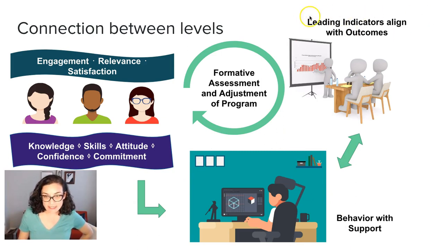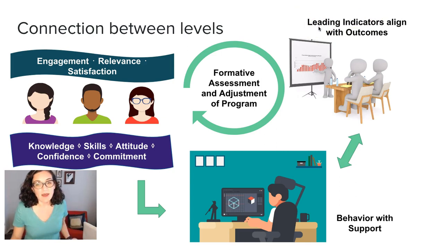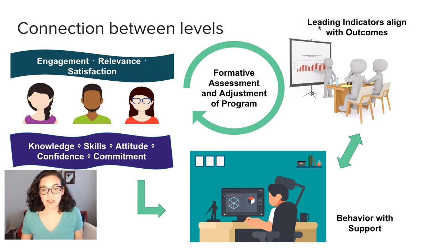If your indicators were chosen correctly, and this is the key, because you can choose indicators that do not necessarily correlate with the behaviors you are trying to measure. If your leading indicators are accurately measuring the behavior that you were targeting with your learning over here, and they are aligned with the outcomes, then you should start seeing results in the direction that you were hoping to see them.